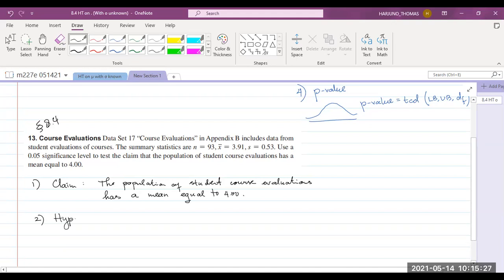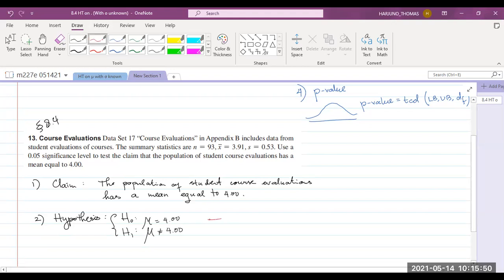Hypothesis: null hypothesis, mu equals 4. Oh, that's an equal sign, so that's the null hypothesis, and the alternate hypothesis is mu not equal to 4.00.